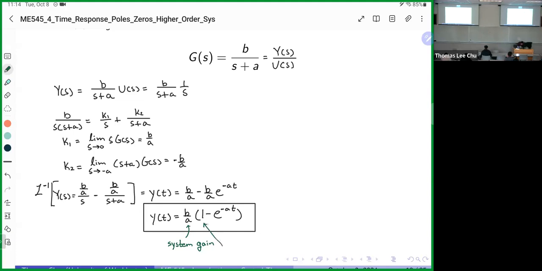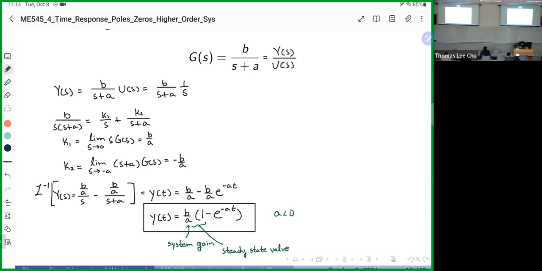This multiplied by the system gain is my steady state value. To be more precise, these two multiplied together is my steady state value, because as time goes to infinity, this exponential term is going to decay. This is for when A is less than 0.